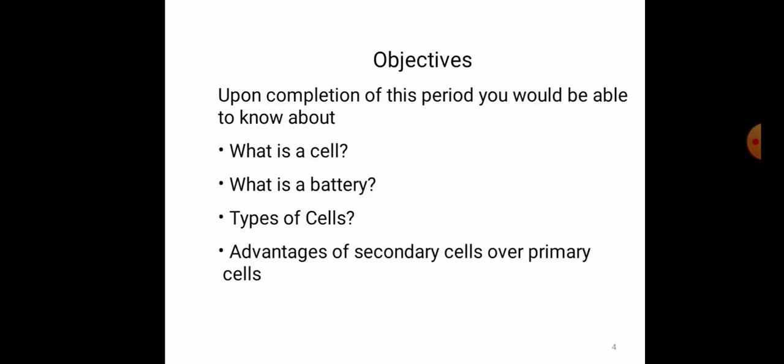Generally we have a little confusion between cell and battery. We are going to clarify that confusion in this class. What is the cell and what is the battery? What are the different types of cells? What are the primary cell and the secondary cell, and the comparison between those cells.